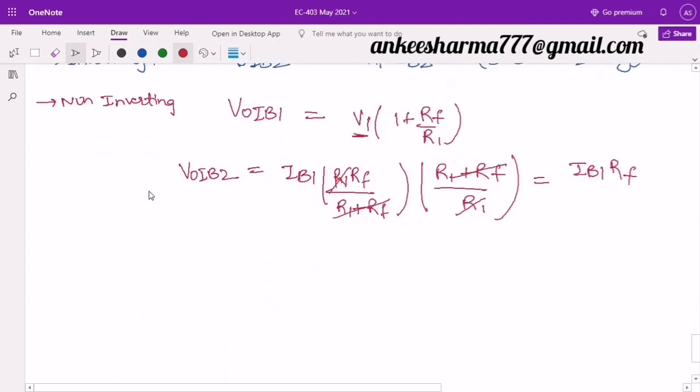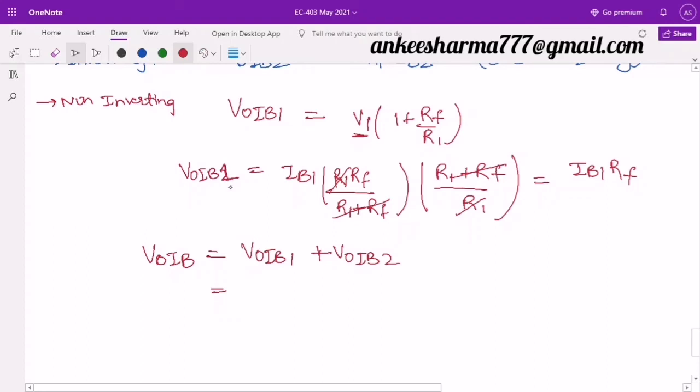So in the last I can say that my total output voltage VOIB is equal to VOIB1 plus VOIB2.